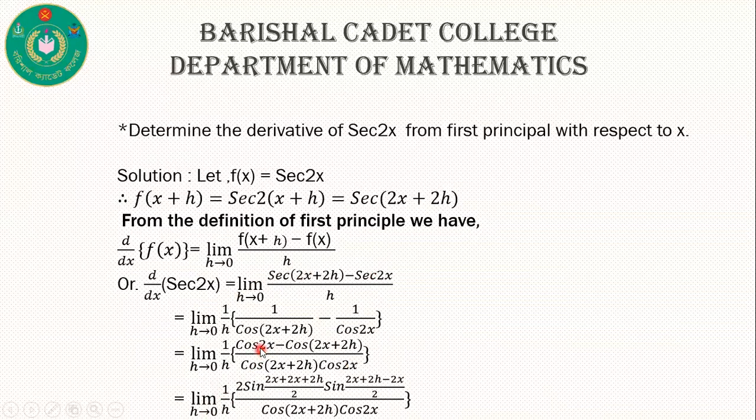We know the formula cos C - cos D = 2 sin((C + D)/2) sin((D - C)/2). Applying this formula here, C means 2x and D means 2x + 2h.